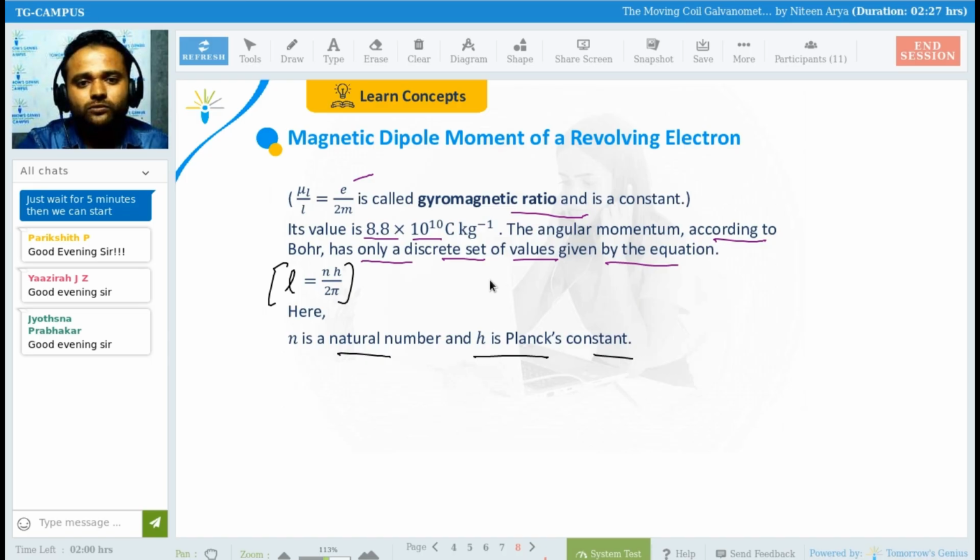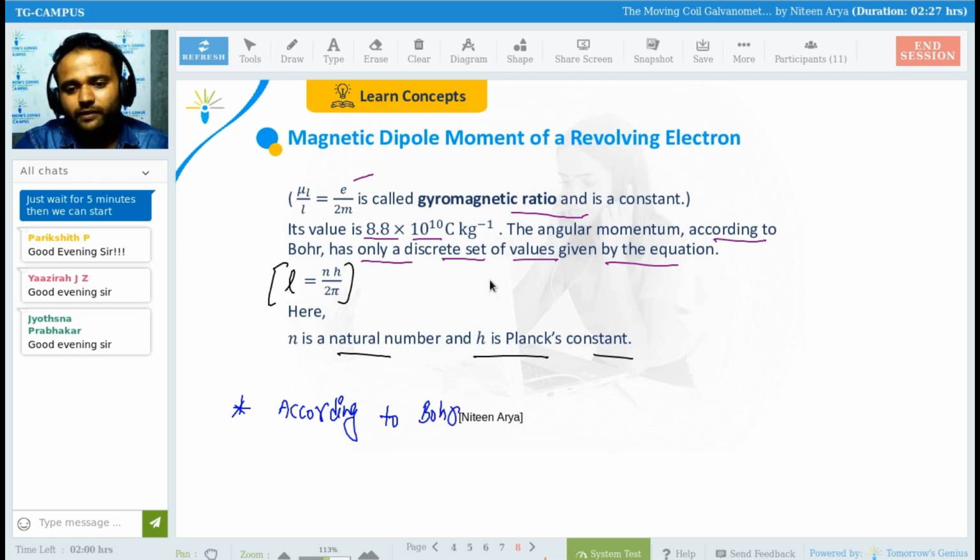Let me give you the proper written thing. According to the Bohr model of atom, L, the angular momentum, is nh upon 2 pi.